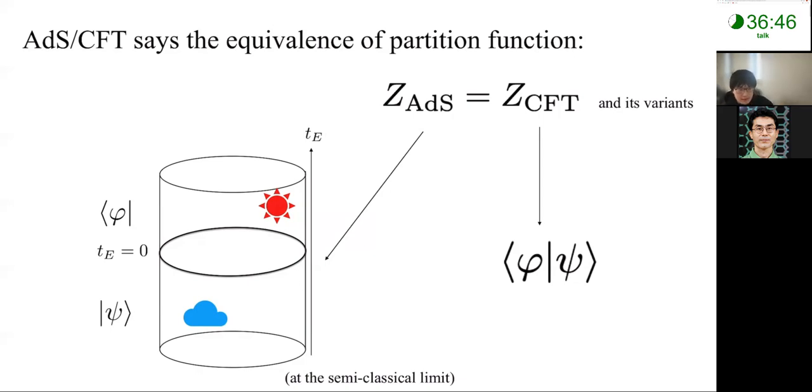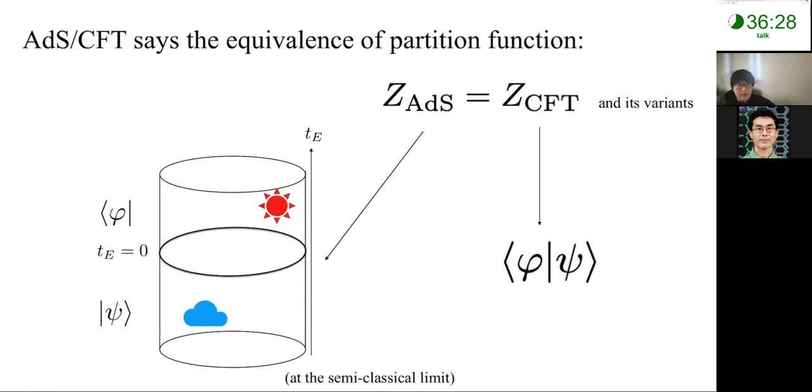So if we accept this concept, the partition function should be the same since we have the same spectrum. And since the partition function can be regarded as a kind of generating function of the correlation functions, we can also have the variant of this dictionary.